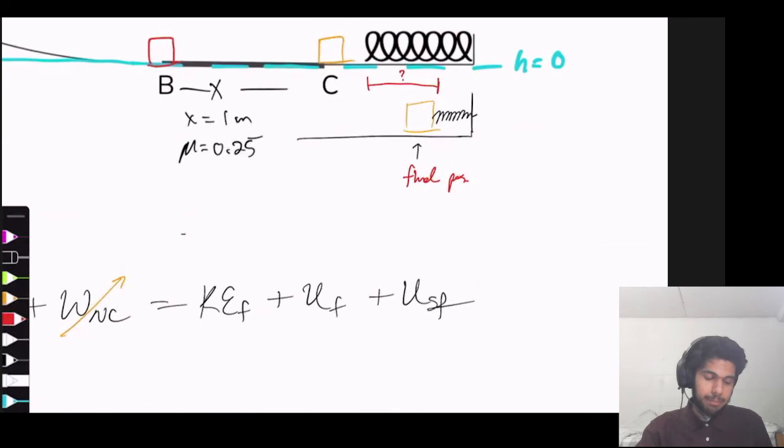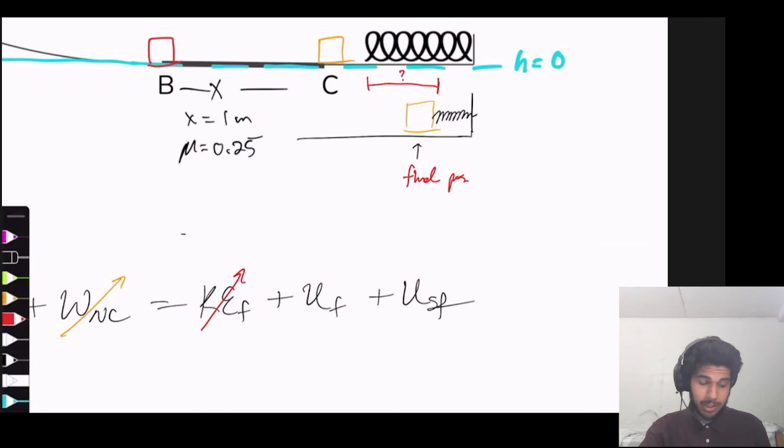So with that in mind, does the block have kinetic energy at that point? Hopefully you're saying no. If it did, then the spring would compress even further, but we're curious about the point where it stopped compressing. So the block has momentarily stopped, so that goes to 0 because there's no velocity. Is there potential energy?